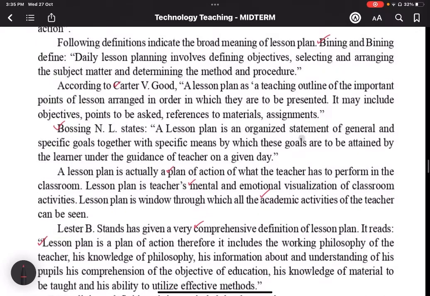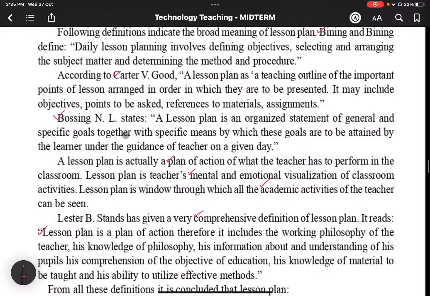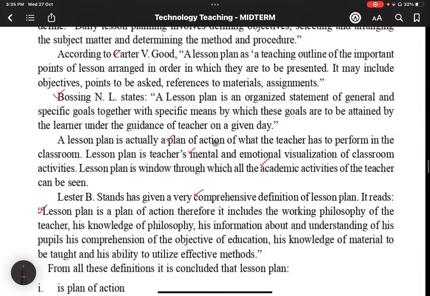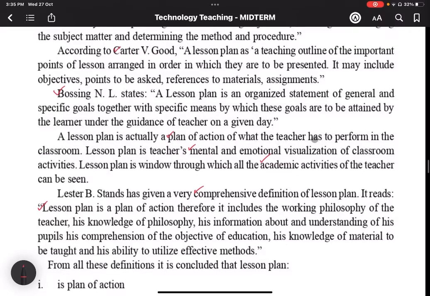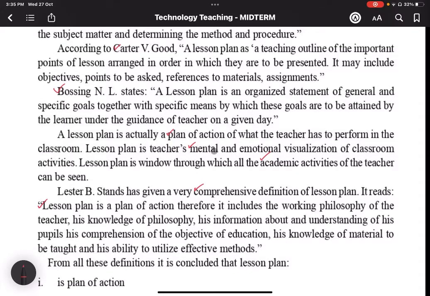Lesson plan is an organized statement of general and specific goals together with specific means by which these goals are to be attained. It is a plan of action of what the teacher has to perform. It is the teacher's mental and emotional visualization of the classroom activities. It is which all the academic activities of the teacher can be seen.